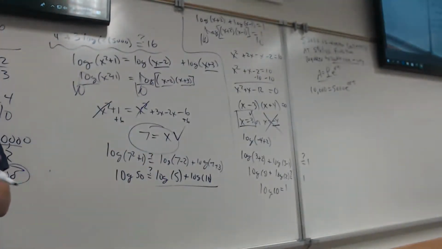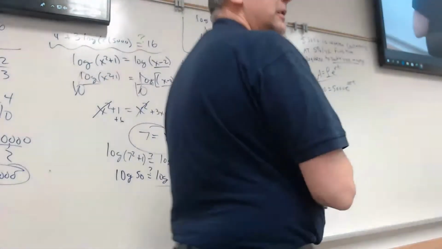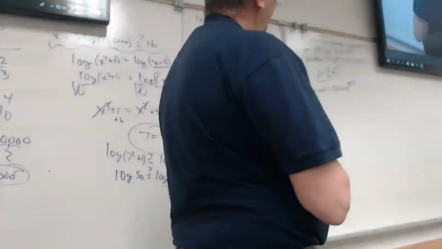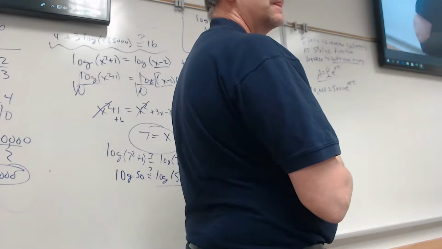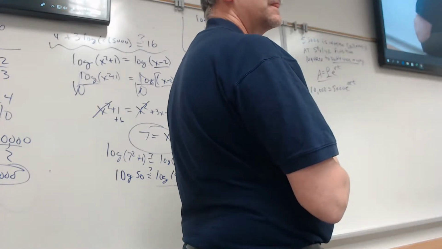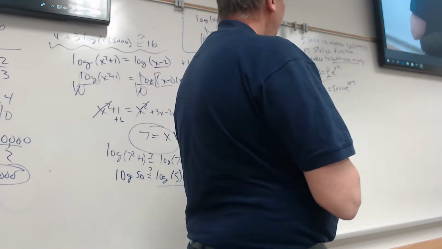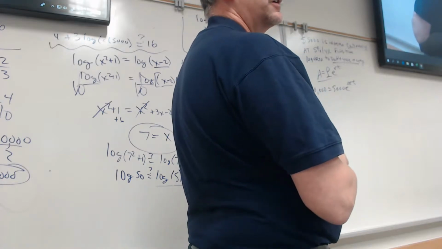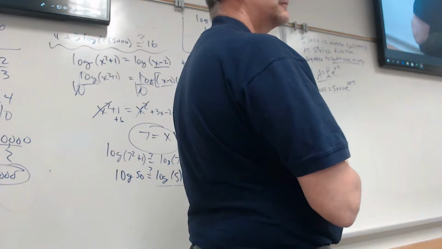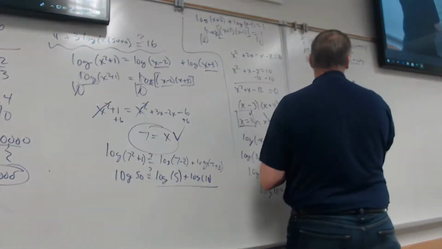How do we do that? We can, but that 5,000 is in the way. Got to get out of the way first. Divided by 5,000.